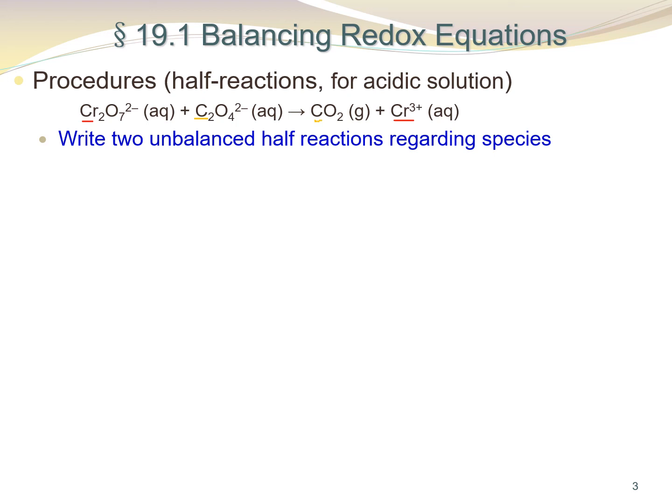So we got 2 half reactions. We do not switch positions. If Cr2O7 2 minus is on the left, we put it on the left. If CO2 is on the right in its original reaction, we put CO2 on the right.